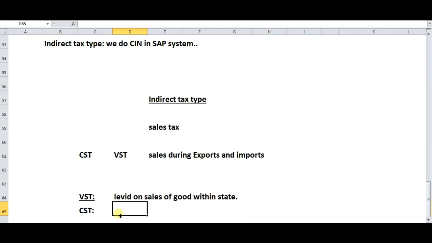And also, the CST Act is administered by the state government only. Central sales tax is levied on interstate sales.